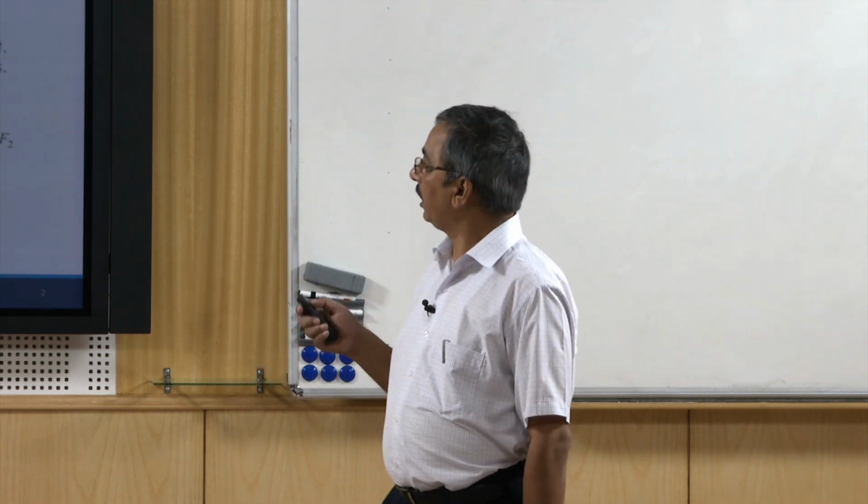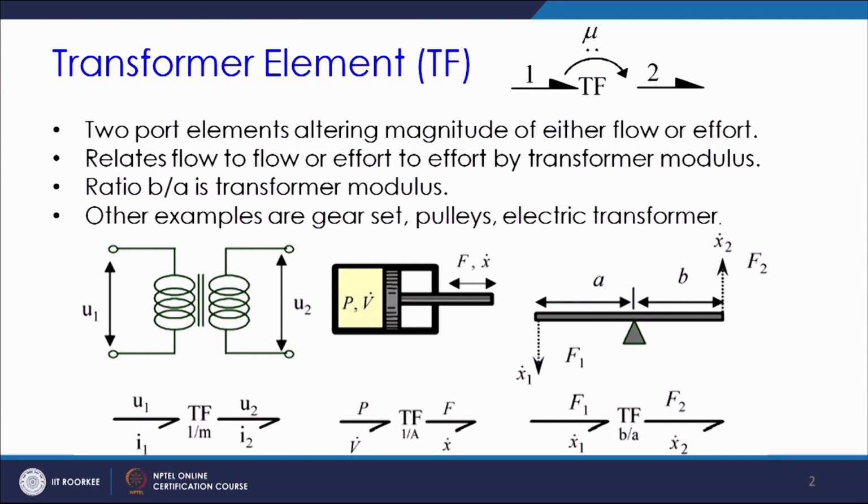The transformer element, as I said, is a two port element and it is represented like this, that is there is a power bond, then we have the TF element and there is another power bond. Here an arrow basically represents the direction in which the flow relationship is going to be implemented, and mu represents the modulus of transformer.